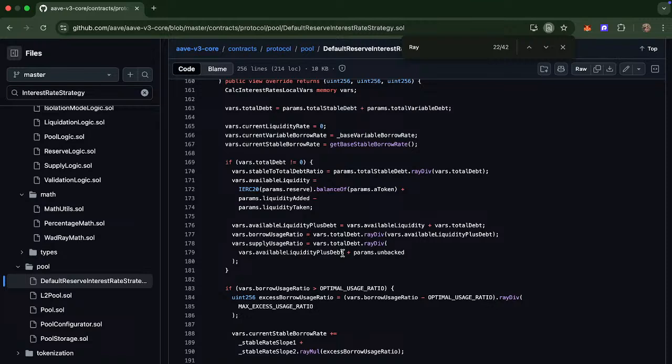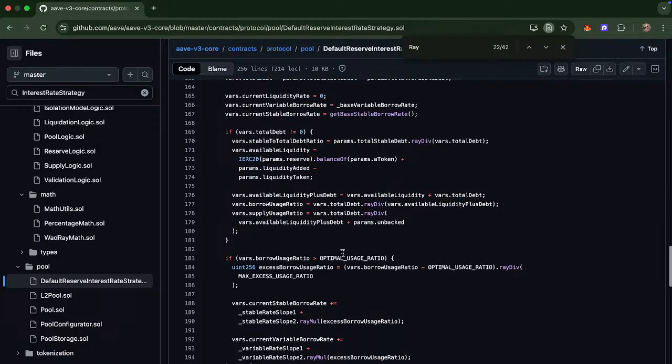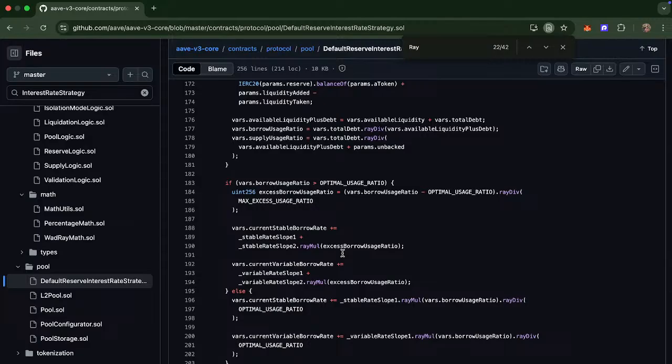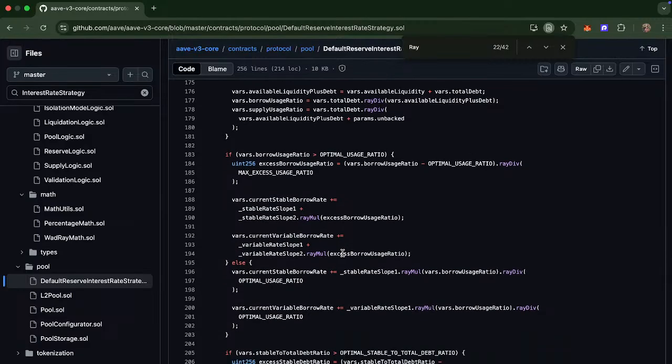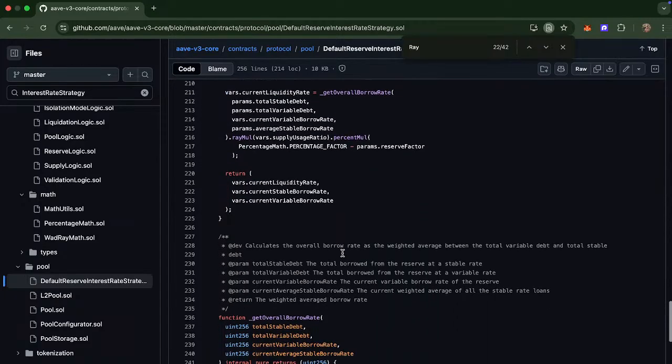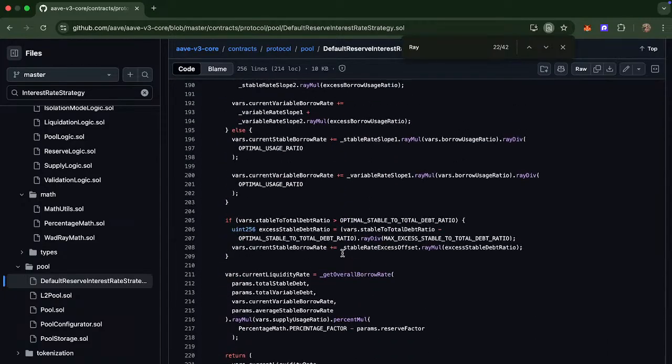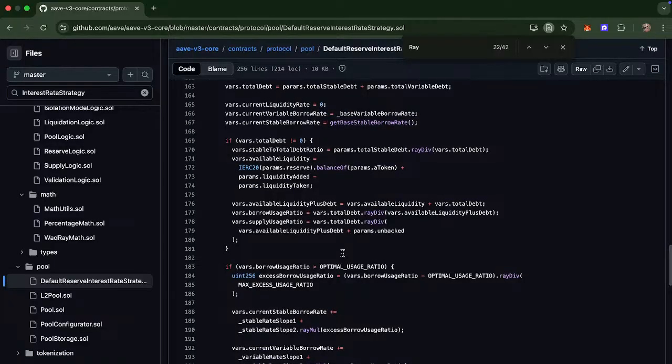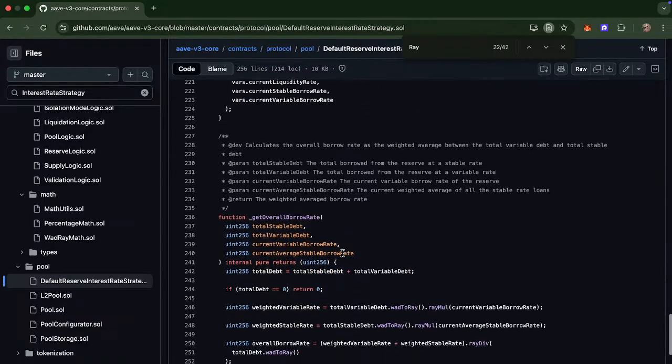Borrow usage rate: total debt divided by available liquidity plus debt. Let's keep it simple for now, and in future we will just upgrade it.